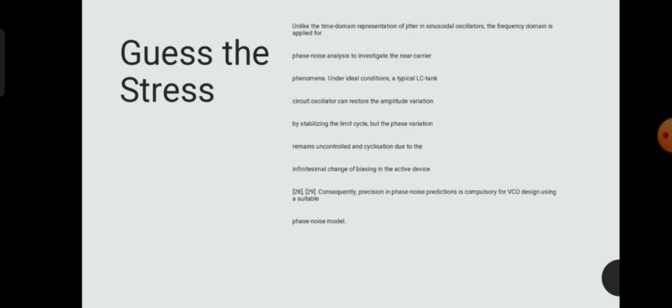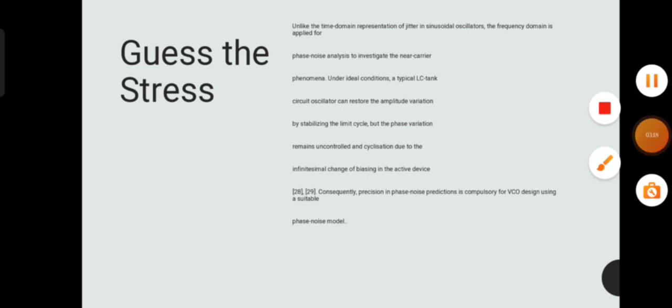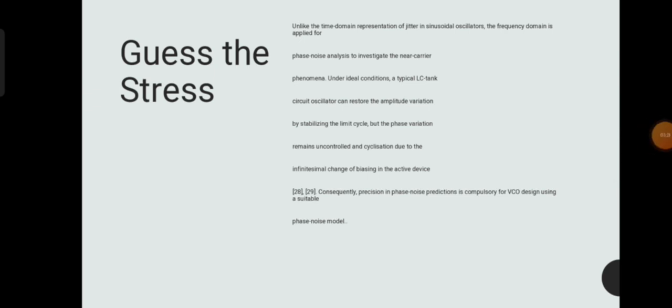A typical LC tank circuit oscillator restores amplitude variation by stabilizing the limit cycle, but the phase variation remains uncontrolled and escalates due to the infinitesimal change of biasing in the active device.